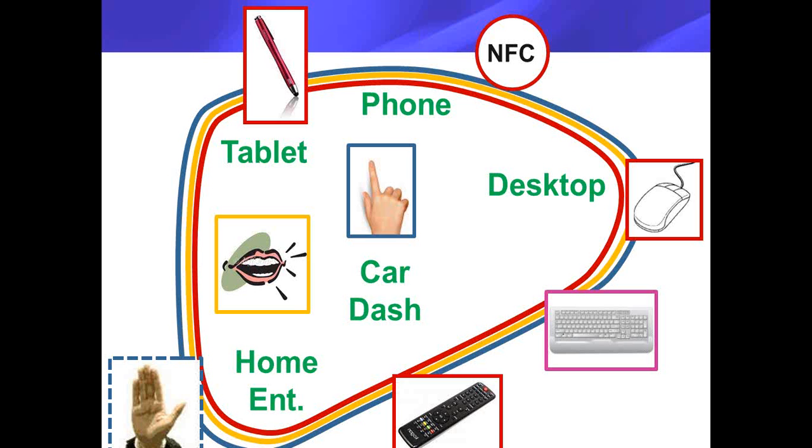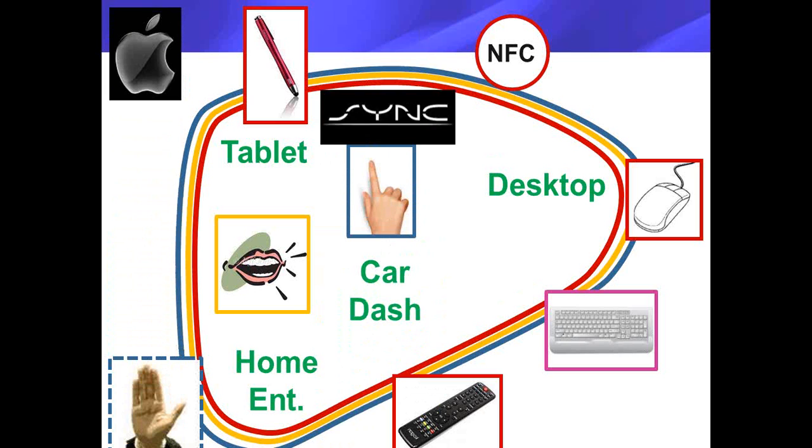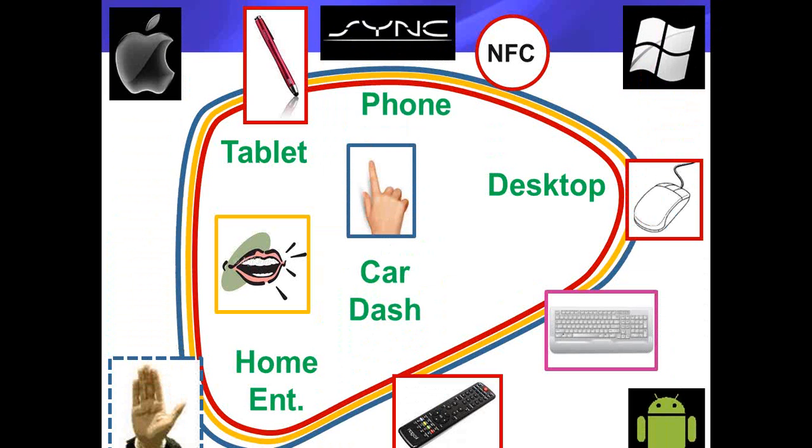And then you have emerging technologies like near-field communications, which are a different type of interaction. And the mouse and the keyboard are still there, still very strong elements that we have to support. And as I mentioned, we have a lot of platforms now and several new ones that we hadn't had to work with before.